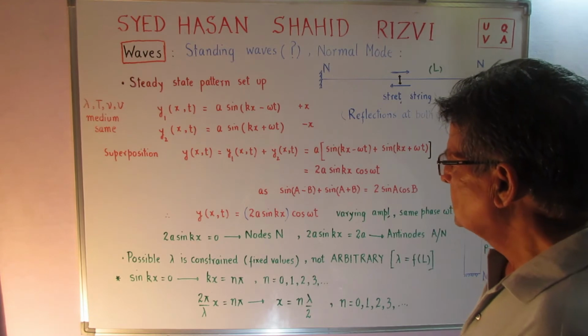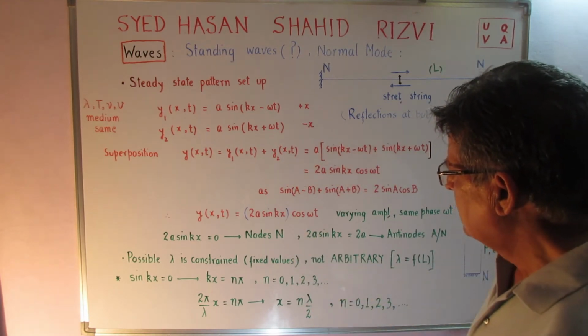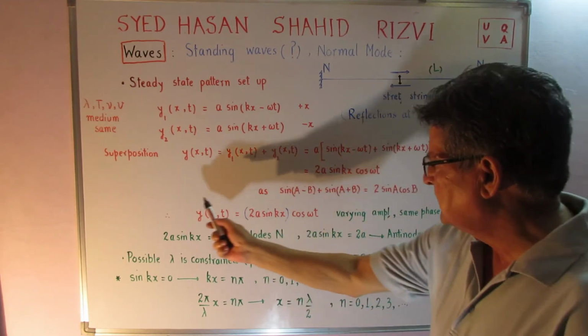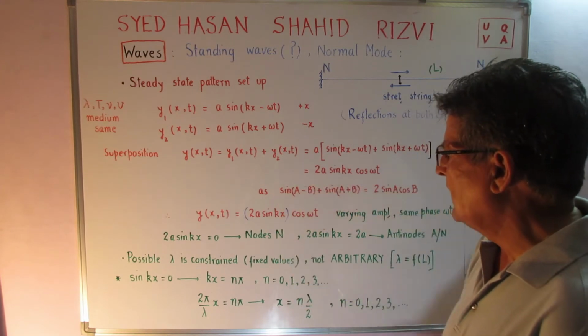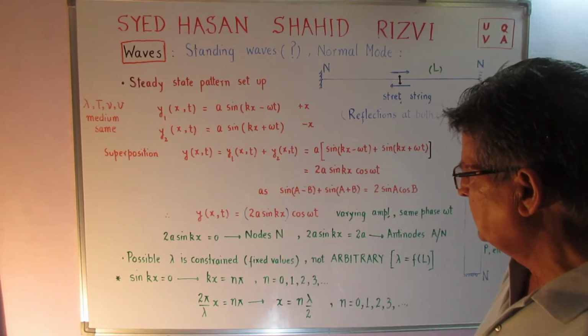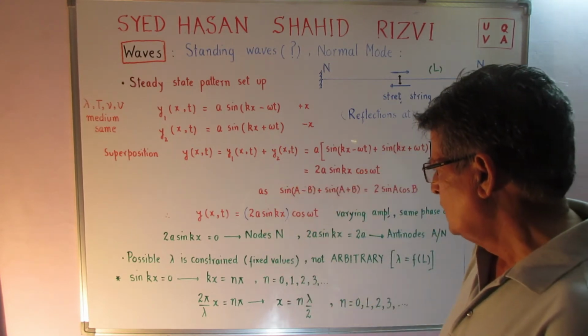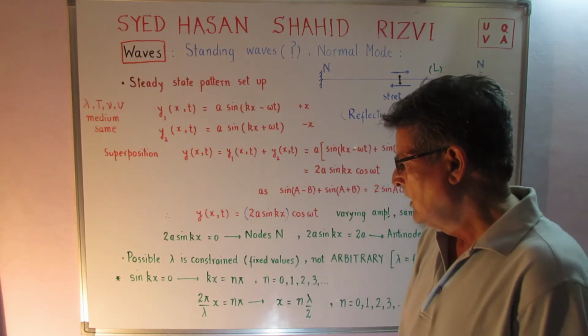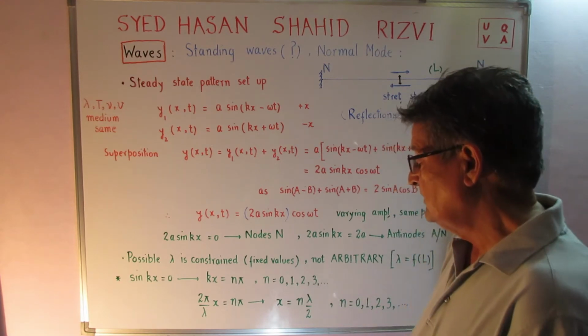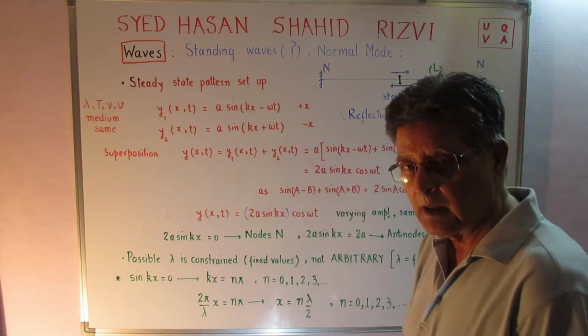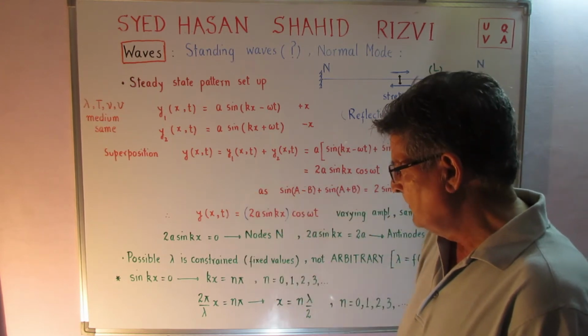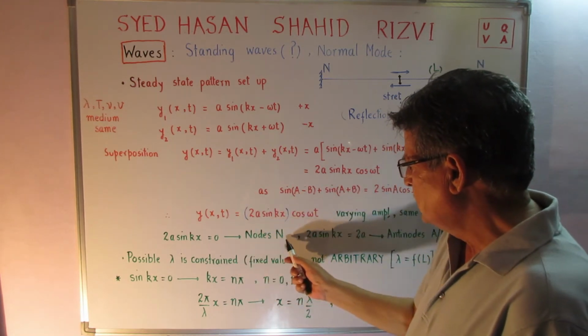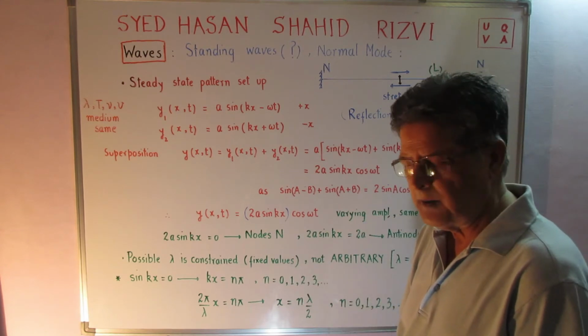Okay. Now to analyze, the equation doesn't tell us anything unless we analyze this equation. What we do, we take this part, 2a sine of kx, and set the value to be equal to 0. When this value is 0, then we get nodes. Okay.